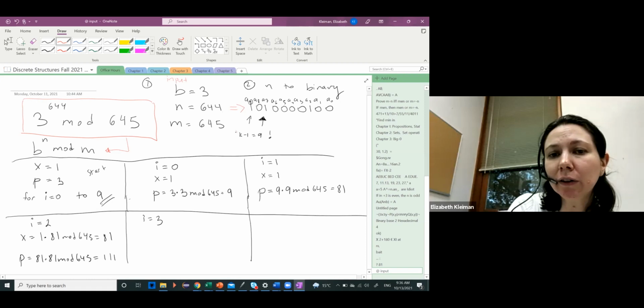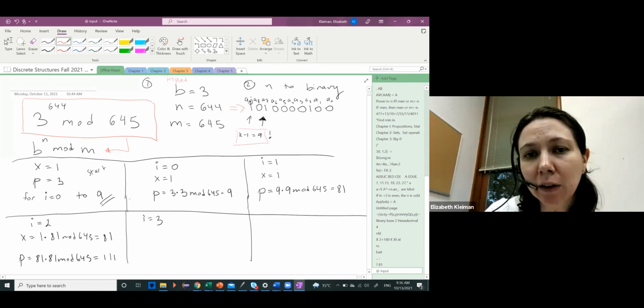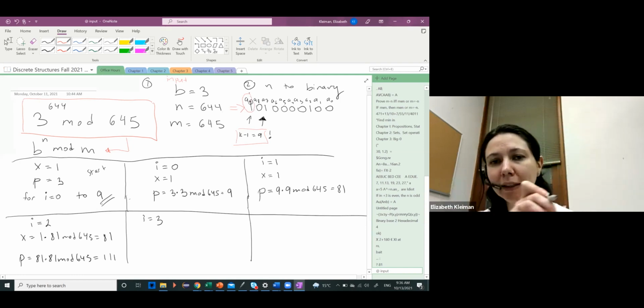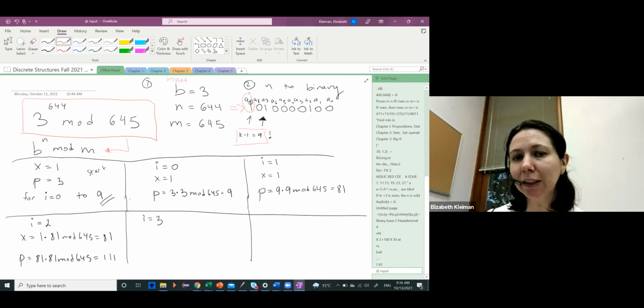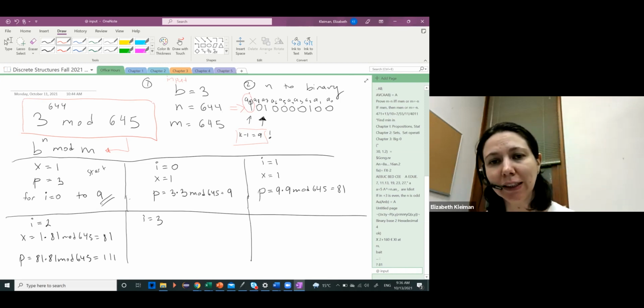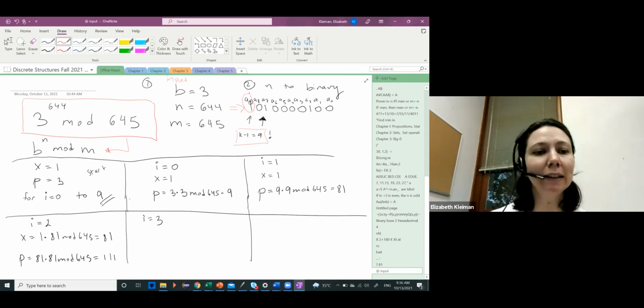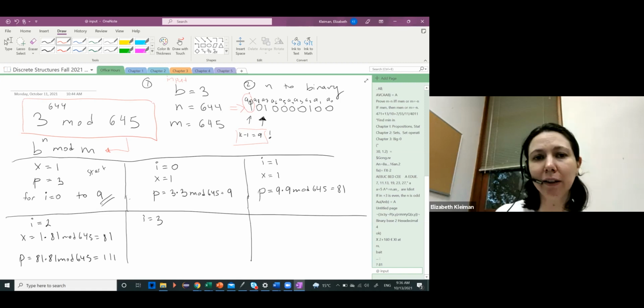Over here, I also calculate k minus 1 for you. The way you calculate it is you look at how many binary places you have. In this case, you have 10 places, so the last one, since you start indexing at 0, is 9. And then you literally do your algorithm.